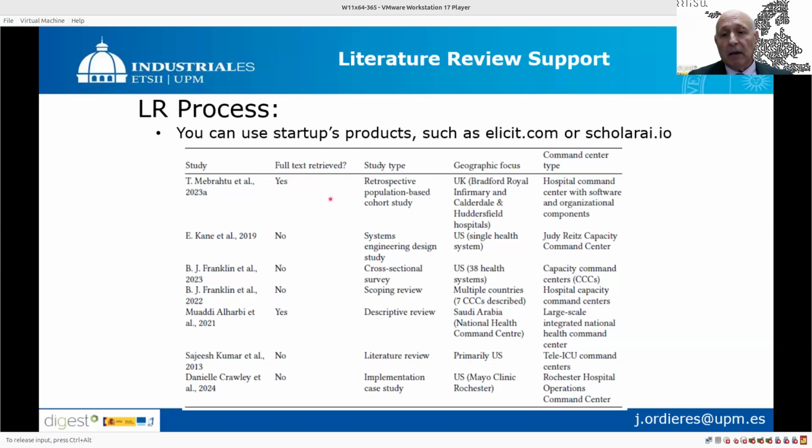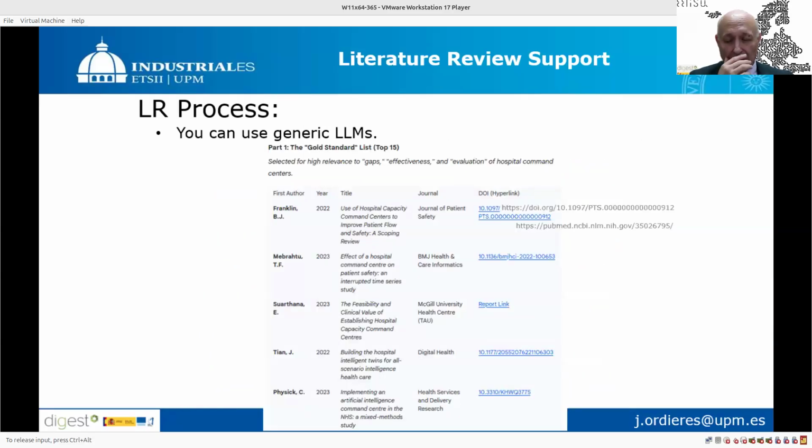Okay, I did the same with a generic LLM. In that particular case, since we remember that Gemini was able to use Crossref, I asked Gemini to produce a list of papers. It produced 15, but I just cut to the first 5. Otherwise, it was almost impossible to go through all the details.